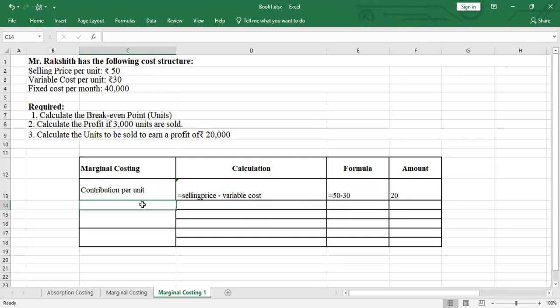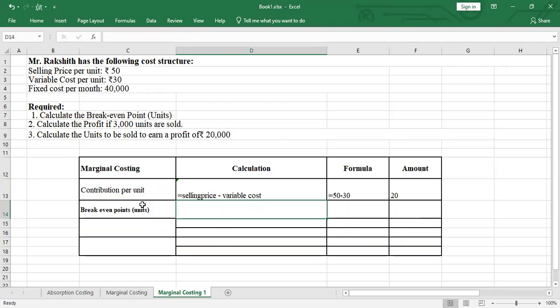Now, next thing we have to ascertain, like in the question, they have told us to calculate break-even point. Break-even point in units equals fixed cost divided by contribution per unit.